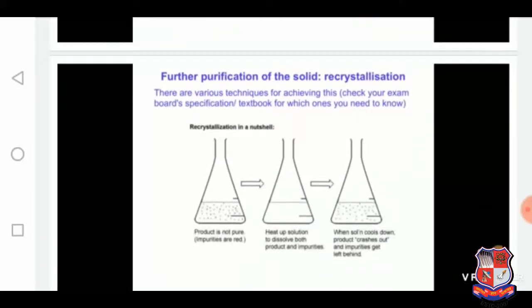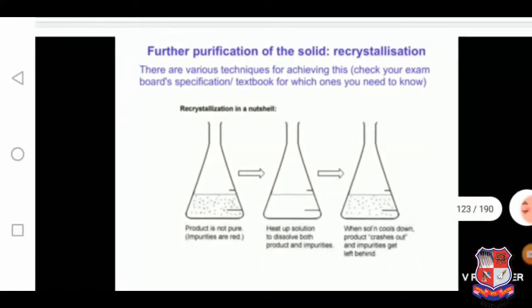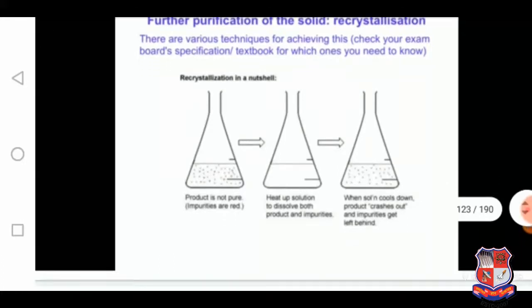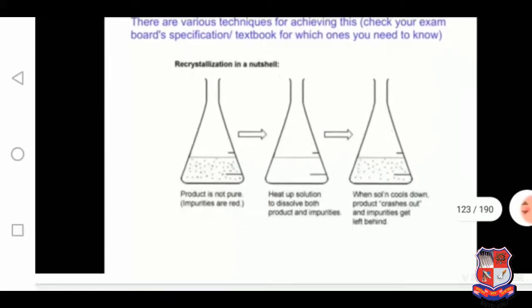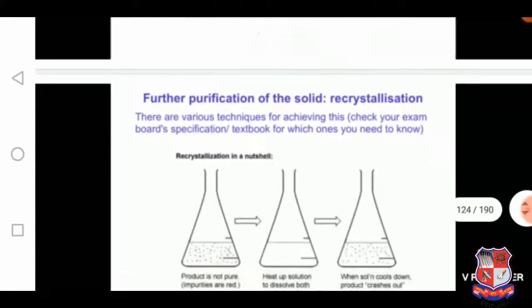Further purification of the solid is of course required, and there are various techniques for achieving this. Whenever recrystallization is used, in the starting phase the product is not pure, as impurities are present. So we have to heat the solution to dissolve both product and impurities. When the solution cools down, the product crystallizes out and the impurities get left behind.